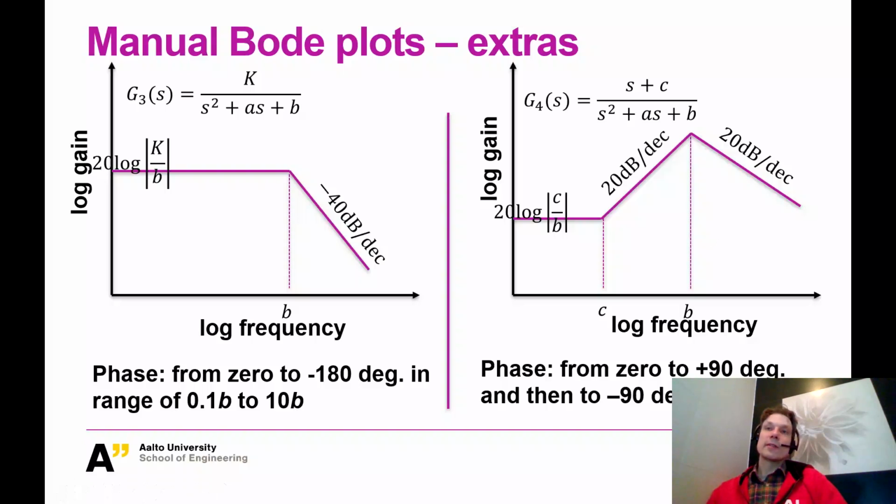So you can always calculate the phase change directly. First order here means plus 90, and second order here means minus 180. So 90 minus 180 equals minus 90 degrees.